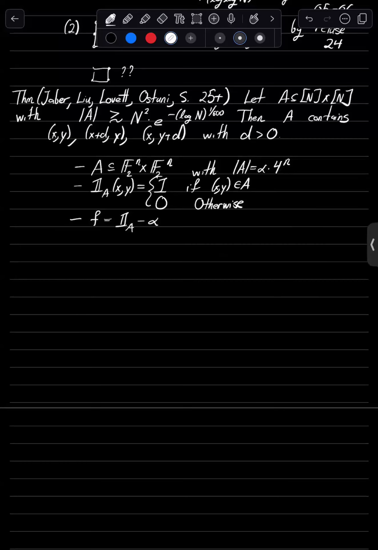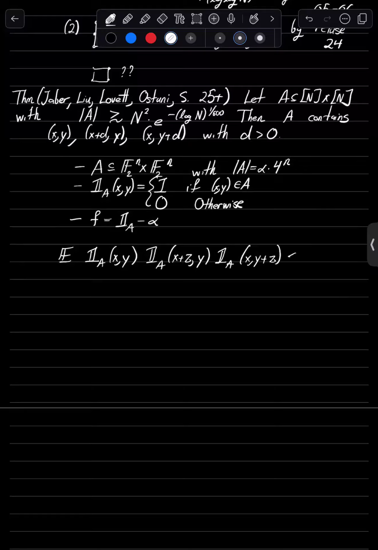Let's look at the assumption that we have no corners analytically. That corresponds to the expectation of the indicator function of A at (x,y), times the indicator of A at (x+z,y), times the indicator of A at (x,y+z), being at most alpha cubed over 2.